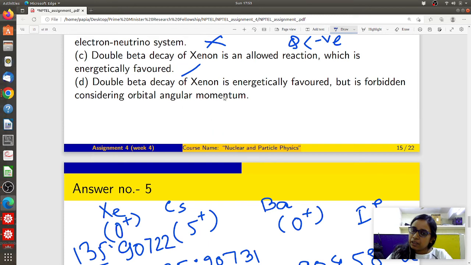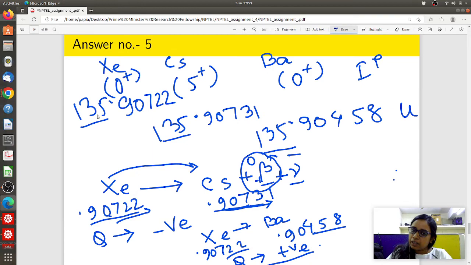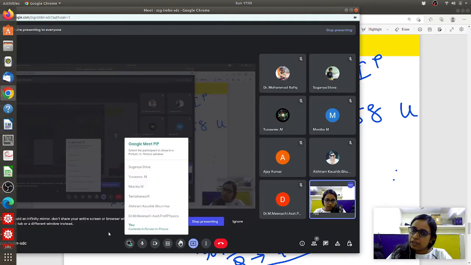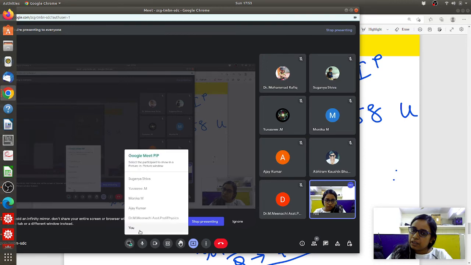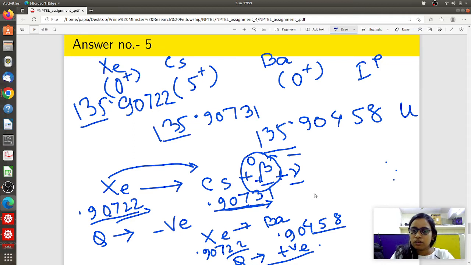We have already proved it is energetically favored, but now we are going to see whether it is forbidden or not considering the total orbital angular momentum. So for doing that, xenon was what?